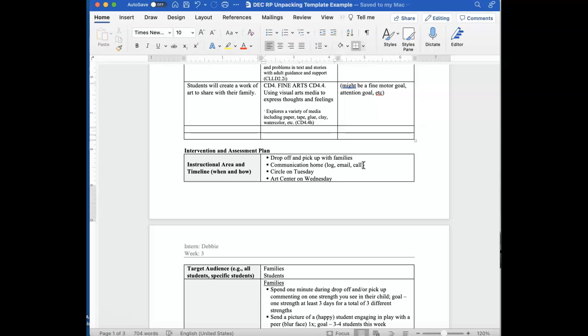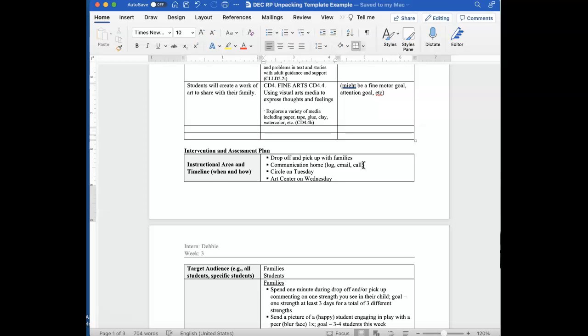And then for the kiddos, I would implement my instructional objectives during Circle. I'm going to do Circle on Tuesday. I'm going to talk about this, and Art Center on Wednesday. Maybe I'm going to do it every day of the week. I don't know, but this is where I'm going to put it. If I plan to do it just on Tuesday, I'm going to write that I'm going to do it on Tuesday. If I plan to do it every day of the week, I'm going to put that I'm going to do it every day of the week.